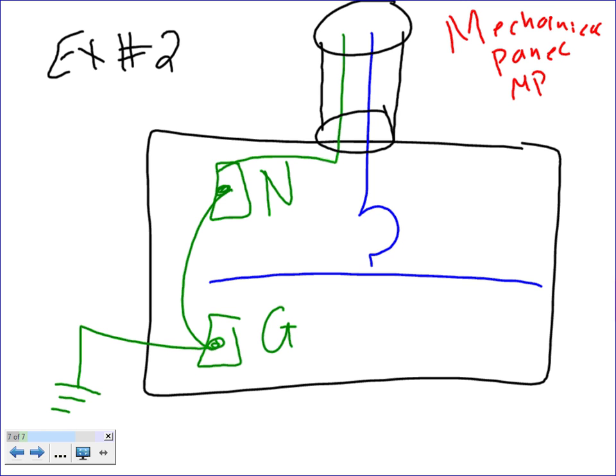The size of this mechanical panel, as I calculated, taking the continuous, non-continuous, and everything else, is 1000 kVA. It is a panel, it's not a service.